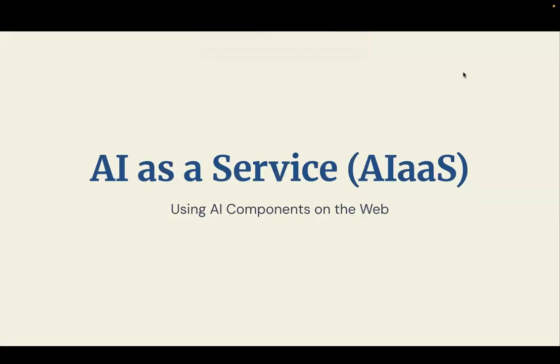So you might already know what AI as a service is by now. The tools like ChatGPT are providing AI as a service, right? So whatever you're seeing today on the web, ChatGPT, Gemini, or Claude, these are the things that are called AI as a service.